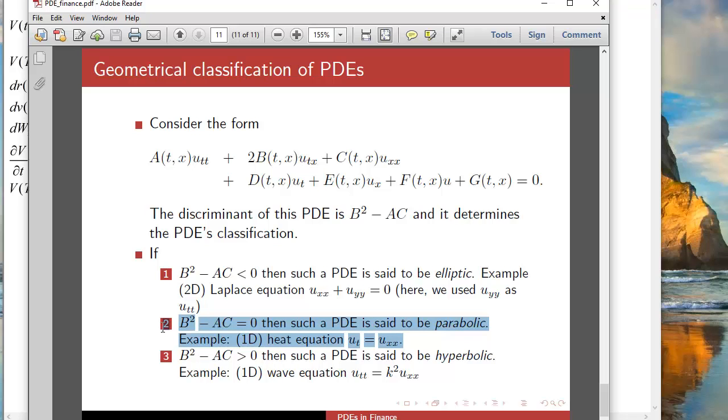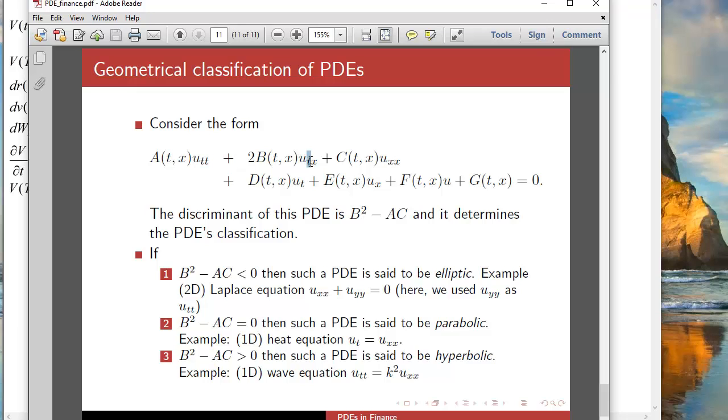Okay, and why is that so? Well, you can basically drop this part of the PDE because it plays no role in the discriminant. But if you focus on these coefficients here, then you know that the Feynman-Kac theorem never gives you a term where you would have a second order derivative with respect to time. It's never there.